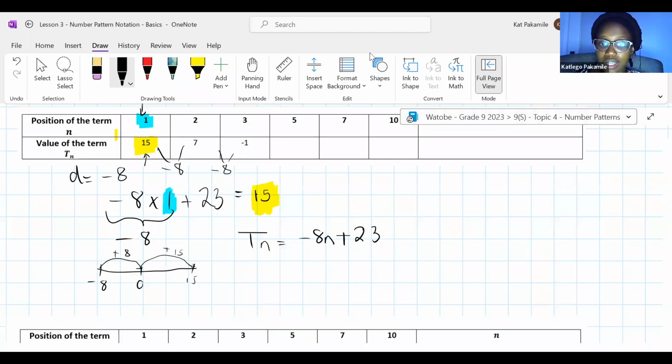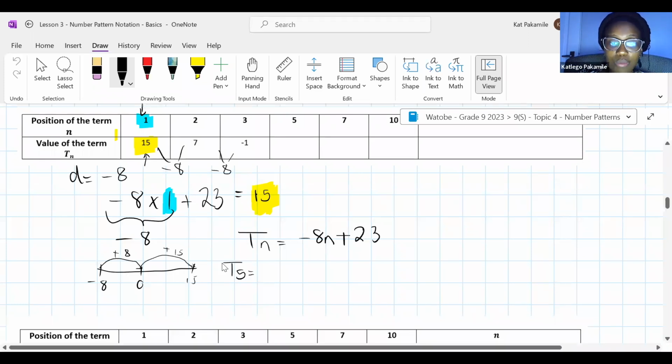Okay. So now that we have our formula, who wanted to do number 5 with me? I think it's Nosisa. Yes, miss. Let's go for it, my darling. Okay, so miss, I tried it. I said T5 equals... Sorry, what's the formula that you have?